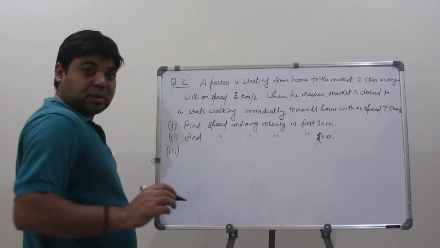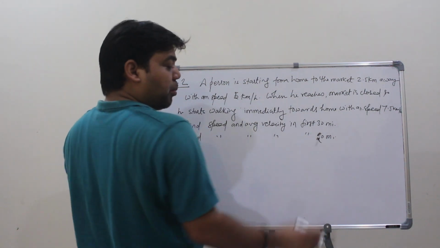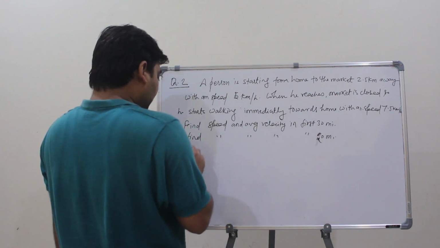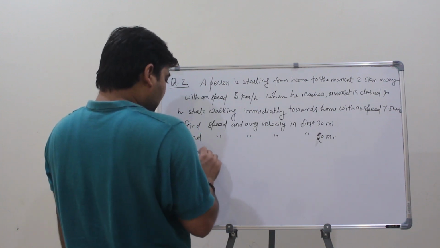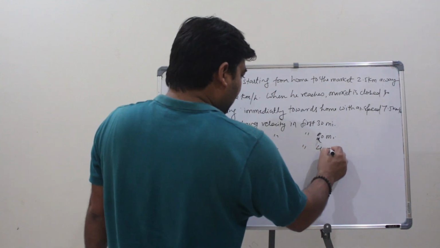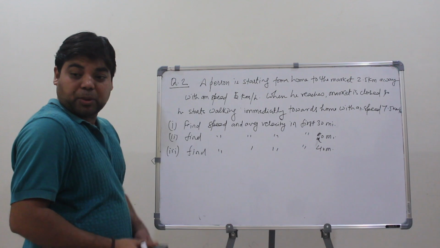Now this is one fine example of displacement and distance, velocity and speed, right? And find the speed and average velocity in 40 minutes, right? So we will go to the 30 minute, 50 minute and 40 minute one by one.